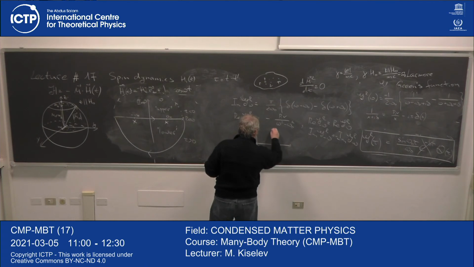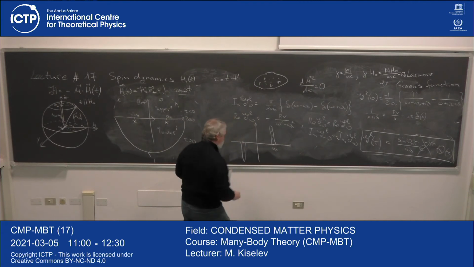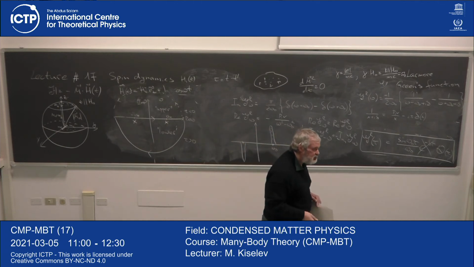So this is omega naught, 1 delta function, and you have another. So basically, by measuring this dynamical susceptibility, you measure precisely the frequency of precession.